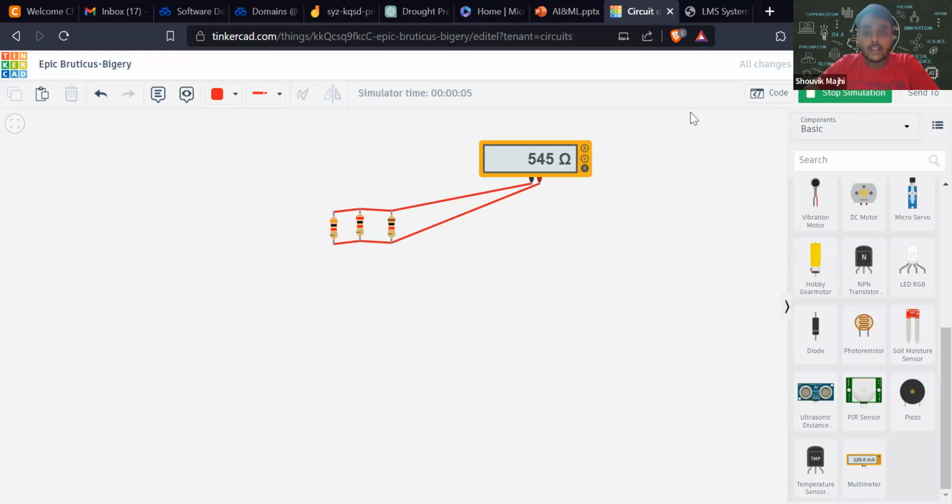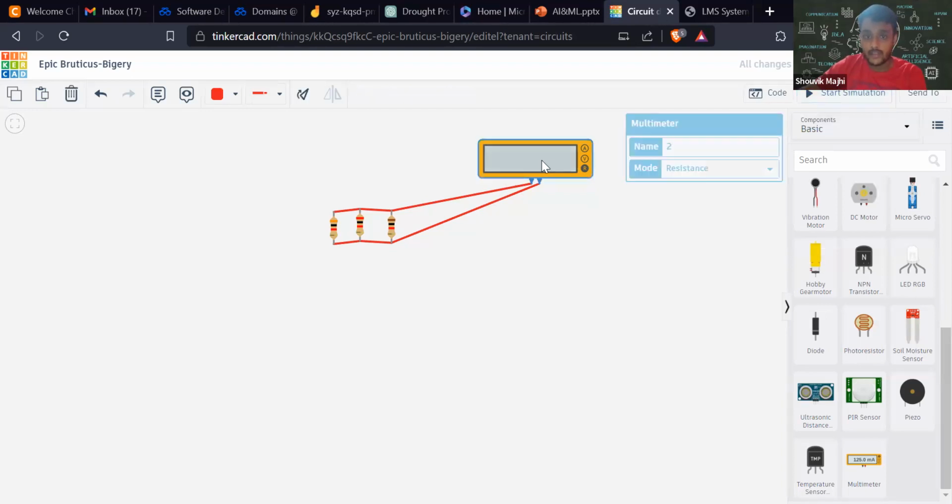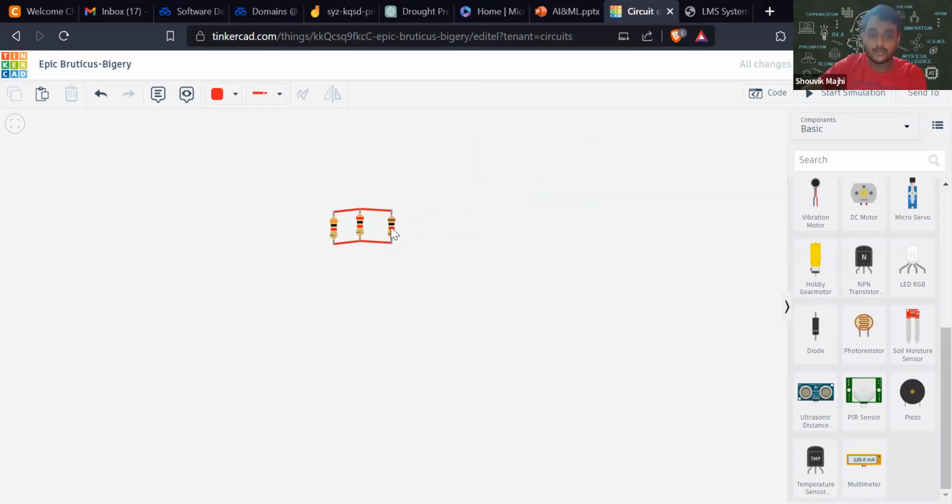When you calculate 1 by 3 plus 1 by 2 plus 1, it will give you about 0.54 something. So your theoretical and practical results are the same. This satisfies the parallel and series connections of the resistors.